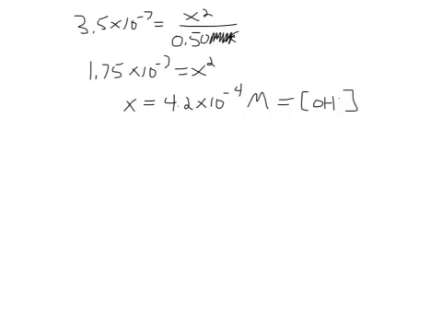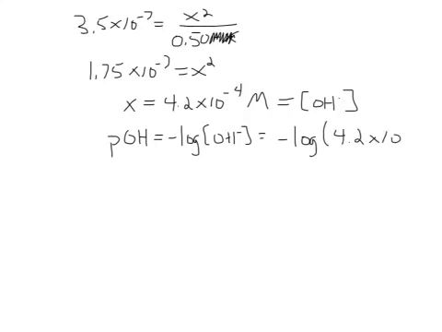So once I know the hydroxide ion concentration, finding the pH is pretty straightforward. We can do it a number of different ways. I'm going to find the pOH first. So pOH is minus the log of the hydroxide ion concentration. So in this case, I take the negative log of 4.2 times 10 to the minus 4, and I get a pOH of 3.38.